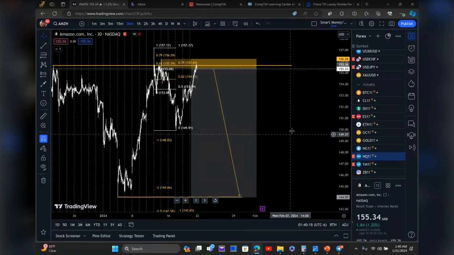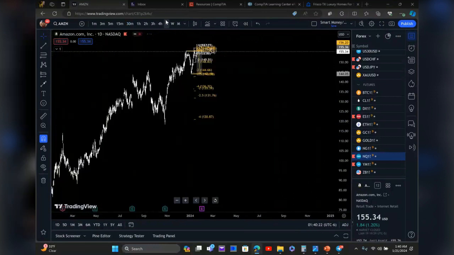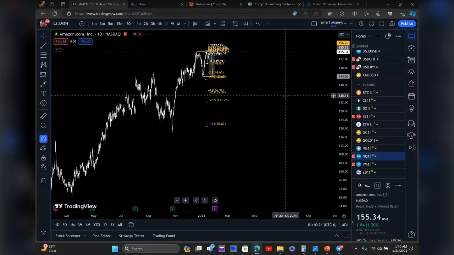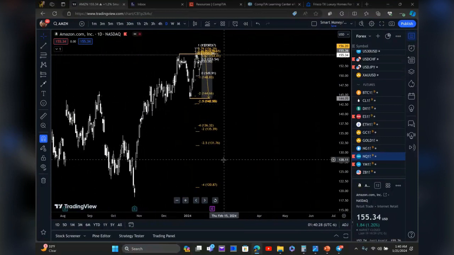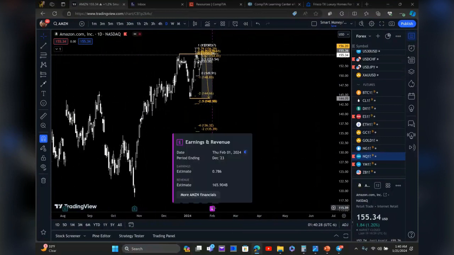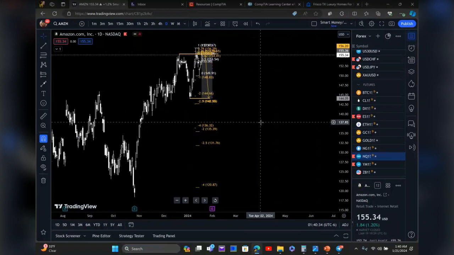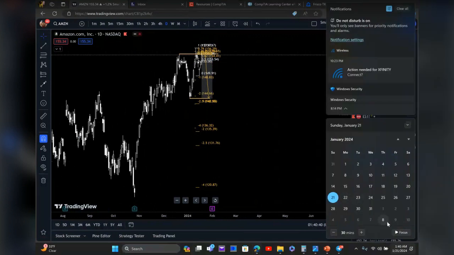All right. But I want to see. This is bullish with earnings coming in about a week. A week, maybe a week and a half, 2 weeks. Let's see. Hold on. On the first, about a week and a half.